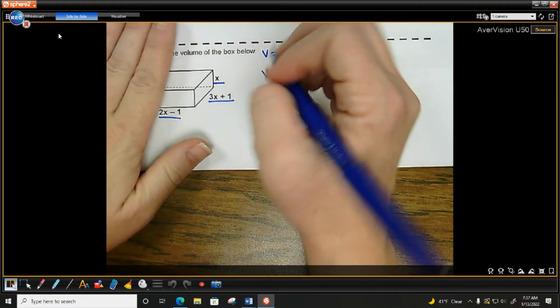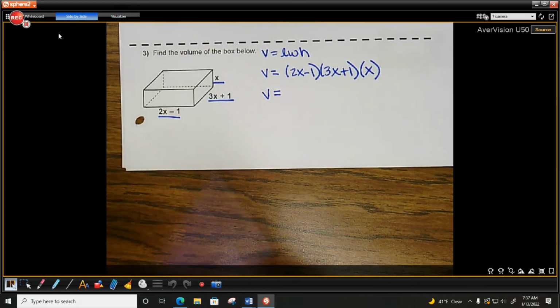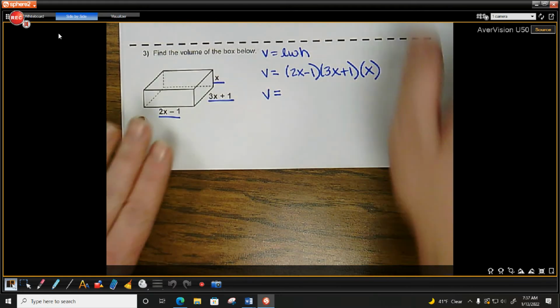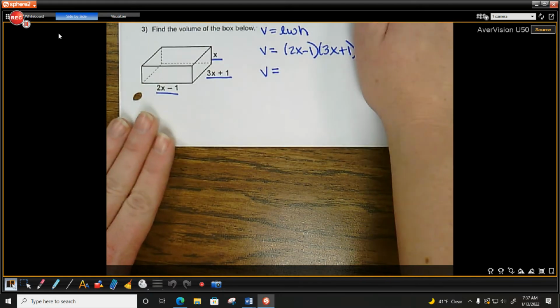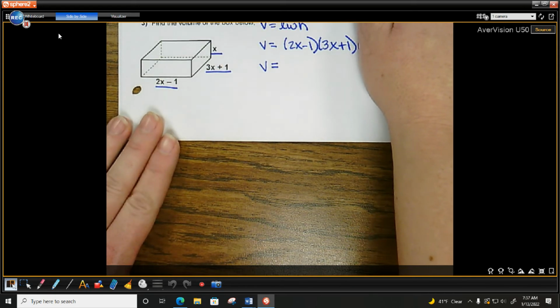So I'm going to get volume equals, what am I going to distribute first, Dominic? If I'm pretending that one's not there, 2x to the 3x. And what do I get? 6x to the second power. Great job.